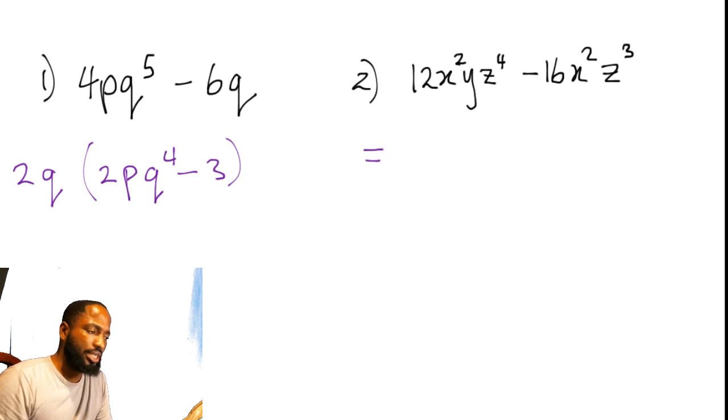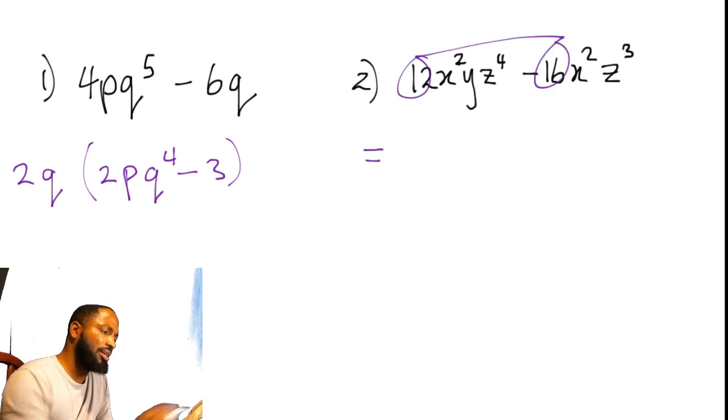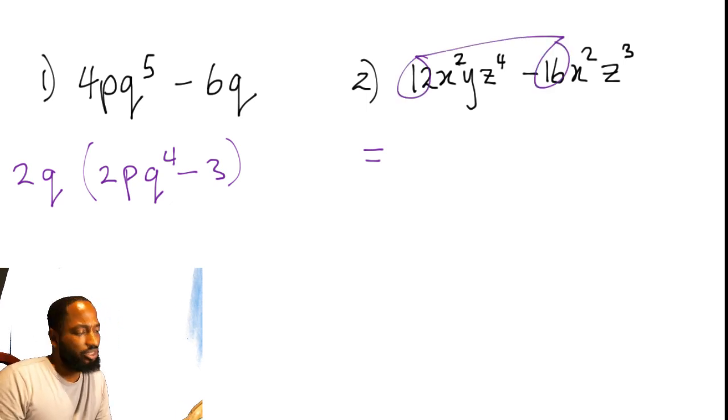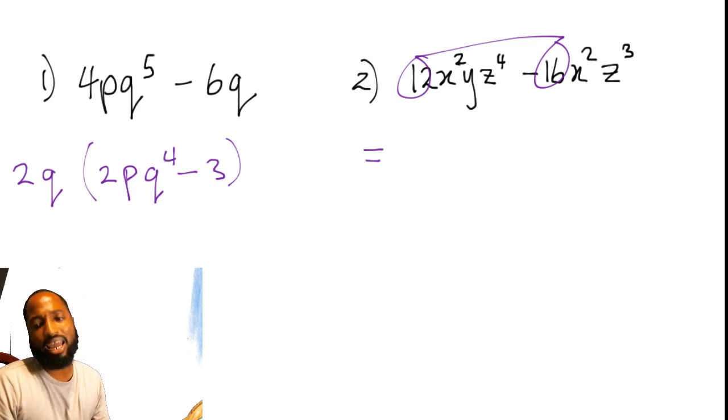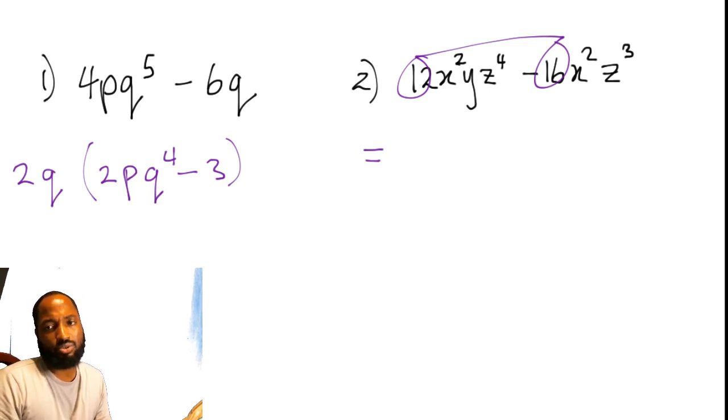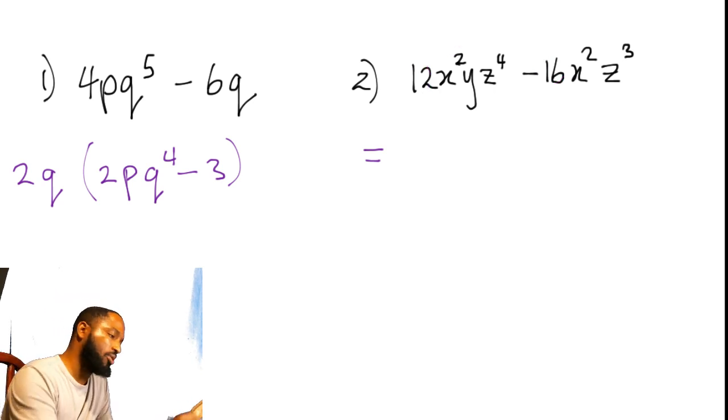Alright, next one. Highest number that can go into 12 and 16. 2 could go into 12 and 16, but it's not the highest number. So the highest number that can go into 12 and 16 is actually 4. 4 could go into 12 and 4 could go into 16, so I'll pull out 4.